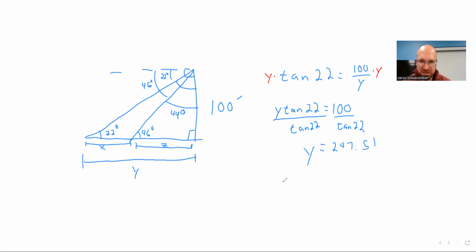Now for the other one, I need to get z. I'm going to use the 44 because opposite is now z. And now I can multiply both sides by 100. It just saves one step of writing. Tangent of 44.